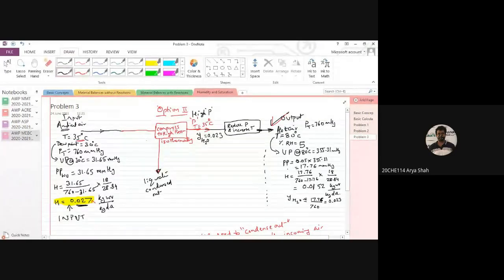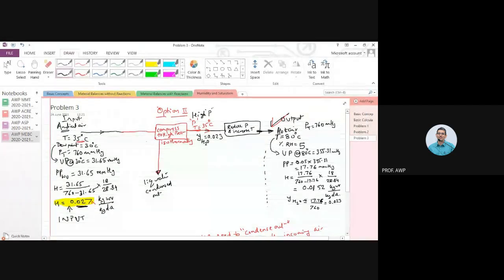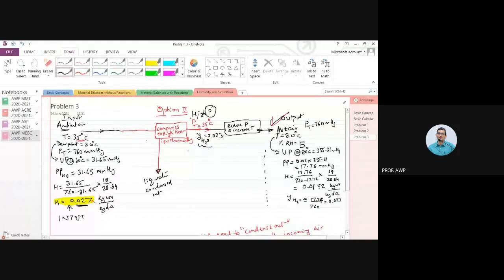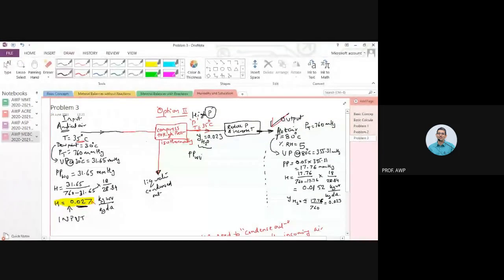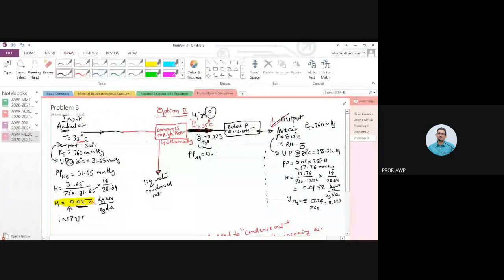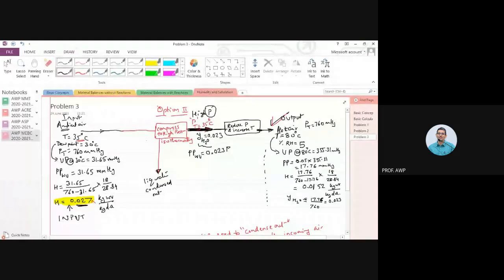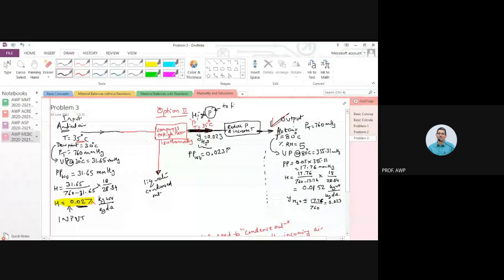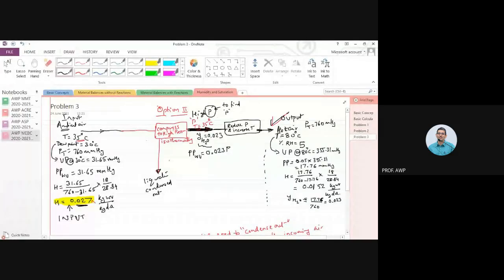Yes, sir. Okay, so now if this air is at a pressure, let's say P, it has a mole fraction of 0.023. So partial pressure of water vapor in this air coming out after that compression process will be equal to 0.023 multiplied by P. That P is unknown, isn't it?